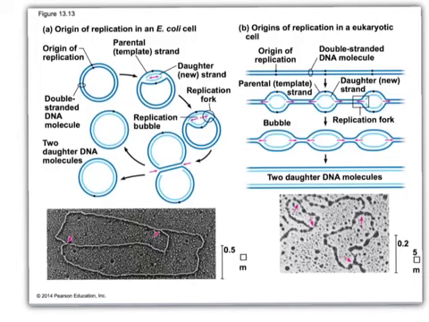Okay? So one origin, and I'll say that the enzyme that does this will replicate about 1,000 base pairs per second. All right? So it goes pretty quick. Okay? And what do you know about the growth of E. coli cells? Goes fast.